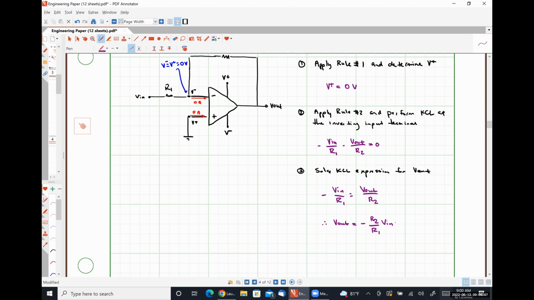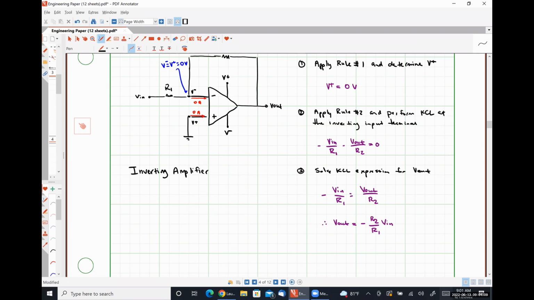Okay, getting slightly ahead of myself, I'm going to identify this circuit. This type of circuit is what's known as an inverting amplifier.